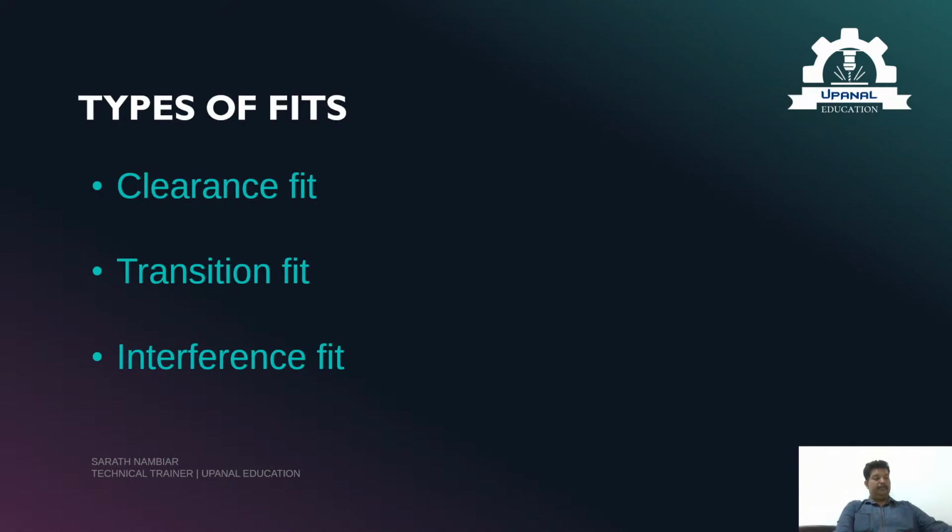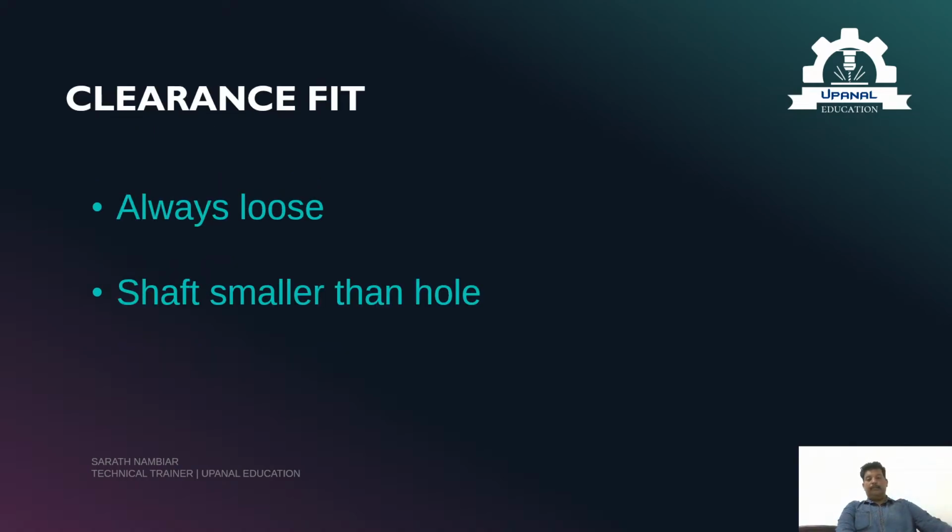Clearance fit. I told you, in clearance fit, the shaft is always smaller than the hole. So there is always a gap between them. This gap is called the clearance. Because of this clearance, parts can move freely.